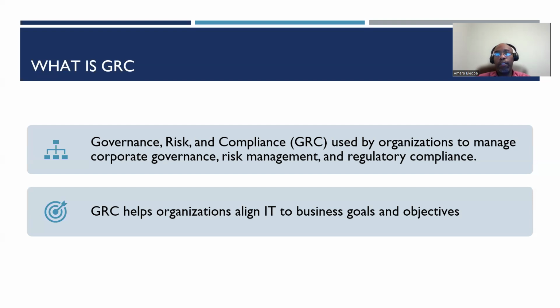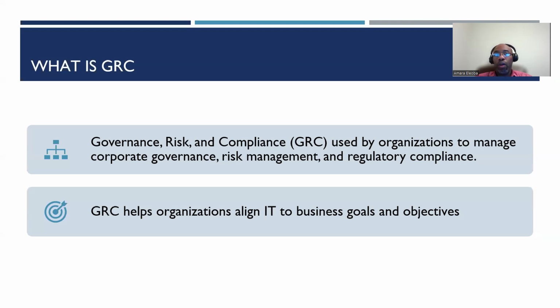For example, companies that want to accept credit card, right? They would review, okay, what is it we want to accomplish? Maybe an organization will say, hey, we want to accept credit card. What do we need to do? Then that's where GRC, governance, risk, and compliance, will come in. Let's say, all right, you want to accept credit card. We want to improve our revenue, but we want to do that by accepting credit cards.